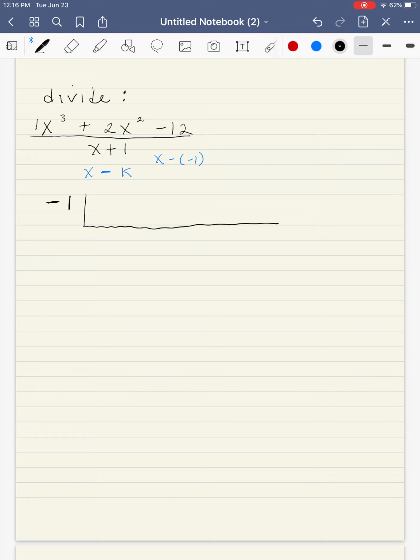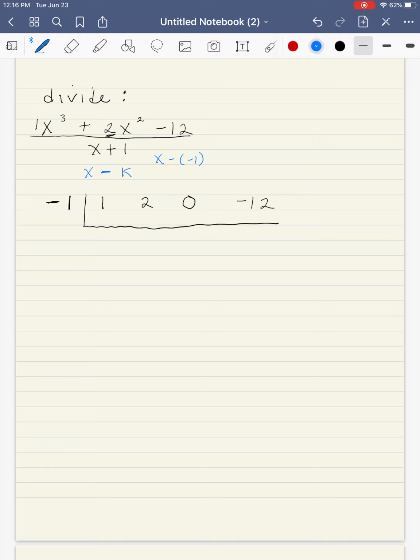When we have x or whatever variable plus 1, we're going to use -1. Then I look at my coefficients. The understood coefficient here is 1. The coefficient here is 2. And then I have a missing term. I don't have an x term, so I have to put a 0 in for that one. And then my constant is -12.